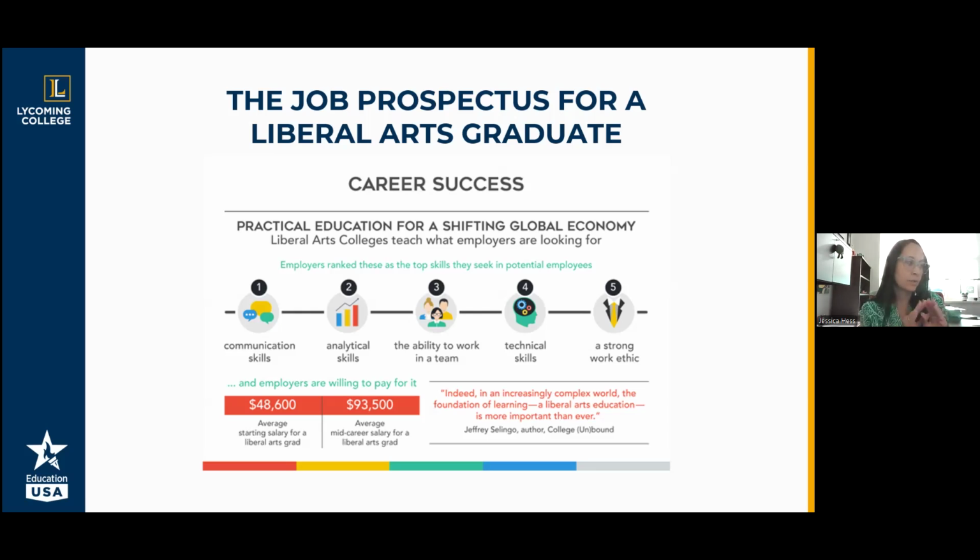But what you do see is there's kind of that general starting salary for any graduate. This is kind of that average salary for a liberal arts grad. Where you see a big distinction for liberal arts and sciences graduates is that in mid-level to upper level career, they will make significantly more.